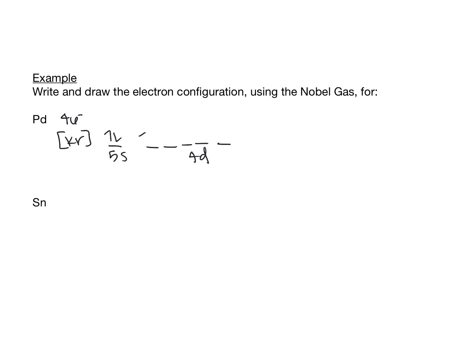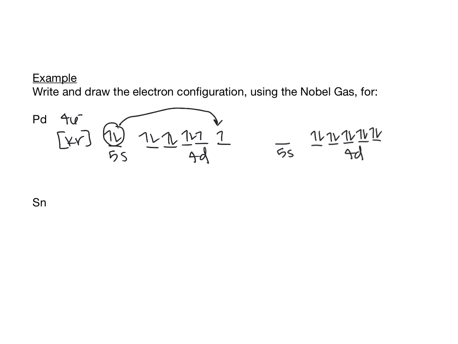So we would think it would be this: 2, 4, 6, 7, 8, 9, 10. But palladium rule breaks by taking both of the s orbitals and promoting those into the d. So what we actually get is 5s0, and 1, 2, 3, 4, 5, a fully filled d orbital.